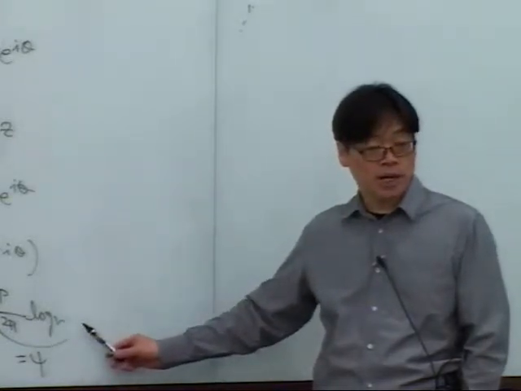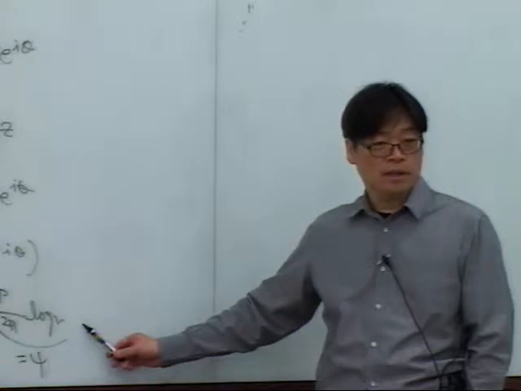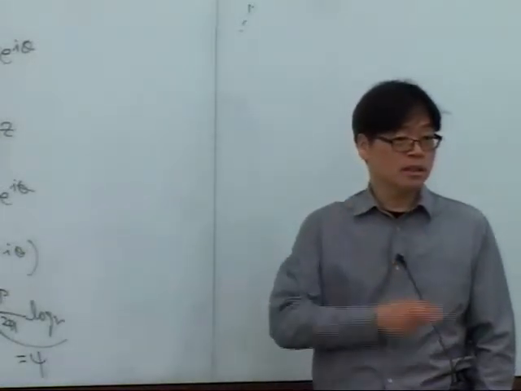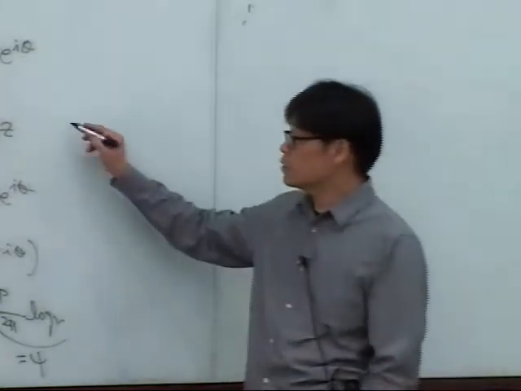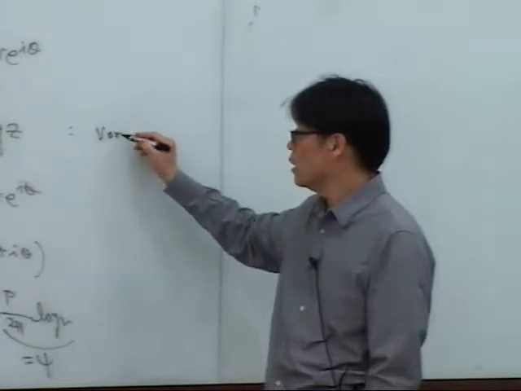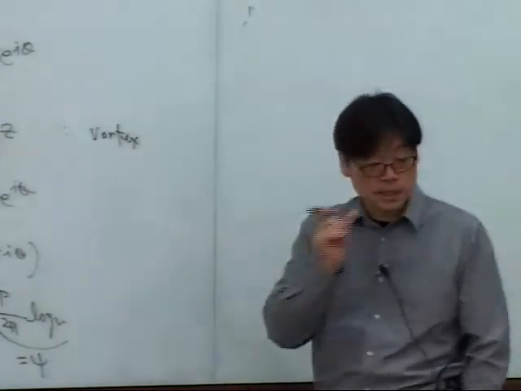So R has to be constant, meaning that streamlines are circles. Okay, so this is the complex potential for a vortex that we discussed last time.